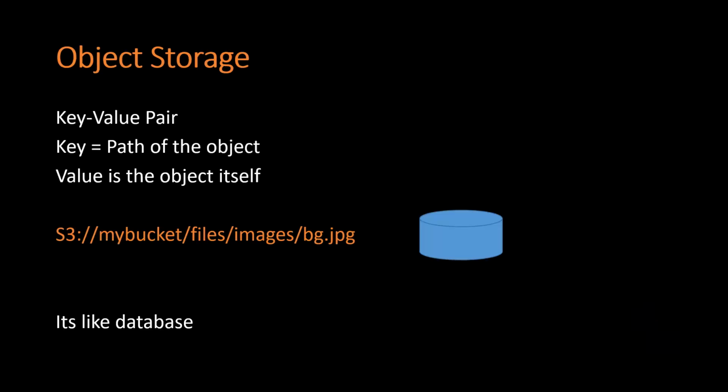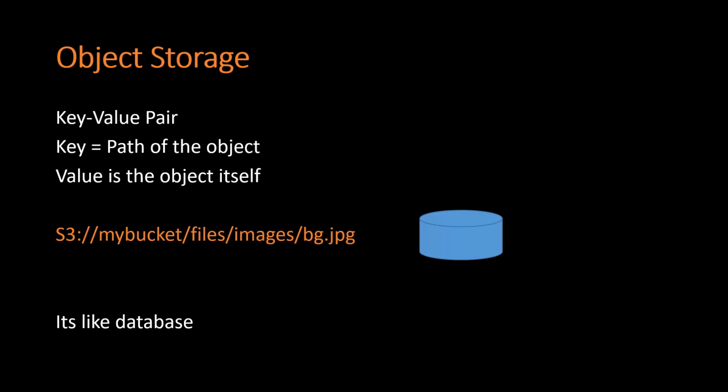So the most important point we discussed, it's an object storage. That means it stores the objects as a key-value pair, where the key is the path of the object and the value is the object itself. It's something like a database. In this example, suppose you have a bucket called my bucket.